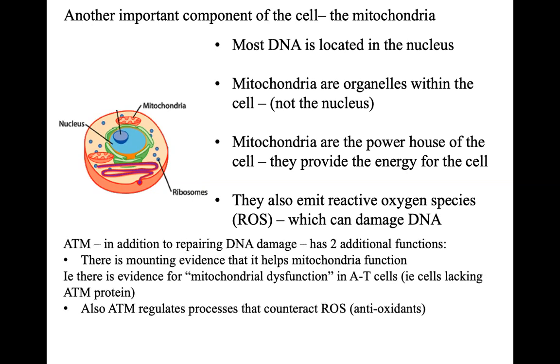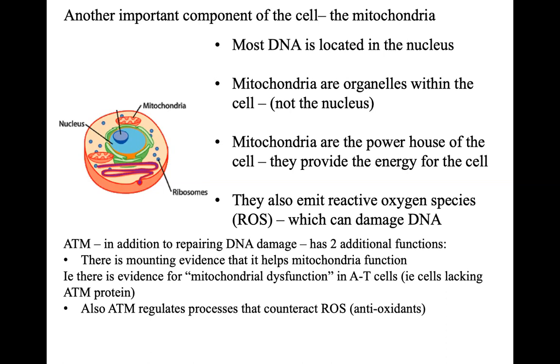And it turns out that there are two additional functions of ATM in addition to that function of repairing the DNA. So there's mounting evidence that ATM helps mitochondria to function properly. And there's evidence for what we call mitochondrial dysfunction, i.e. they're not functioning correctly in AT cells, in cells lacking the ATM protein.